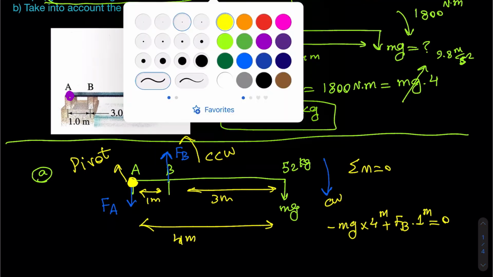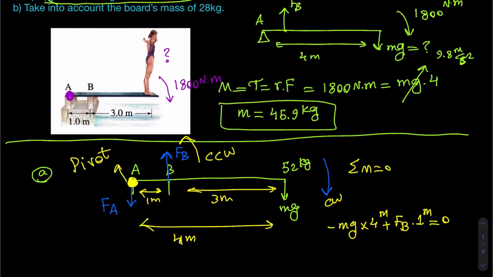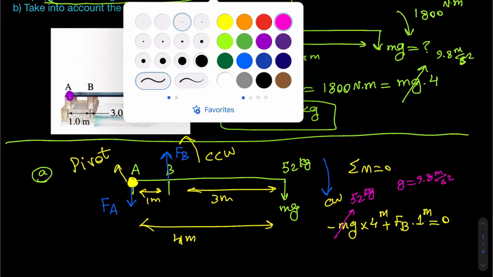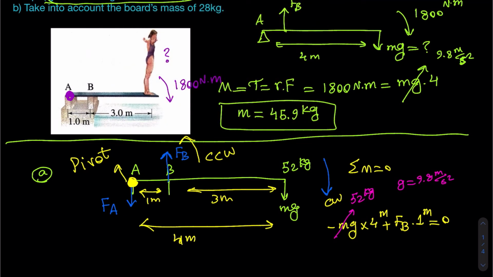The mass of the person here is 52 kilograms, and g is 9.8 meter per second squared, or 10. It doesn't make that much difference. By solving this equation, we will get FB is equal to 2038.4 newtons. So this is FB.